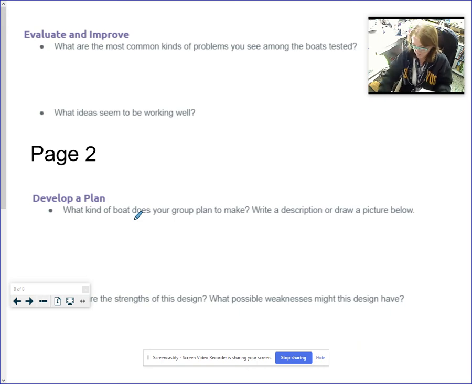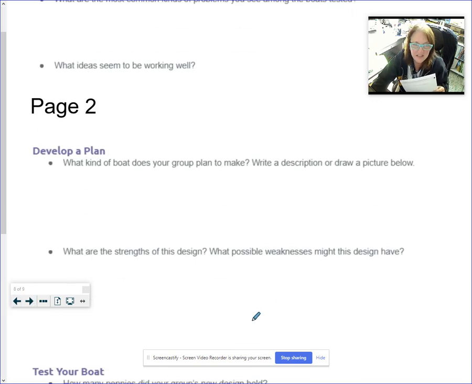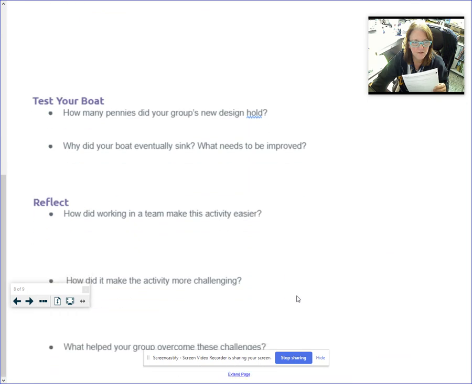You're going to notice that the back side of your worksheet basically looks like a repeat. So now, what are you going to do this time? What kind of boat? What is the design? What are the strengths and so on? When you have this all written down and everyone in your group has that, then I will give you the next piece of foil and you'll test it for the second one.